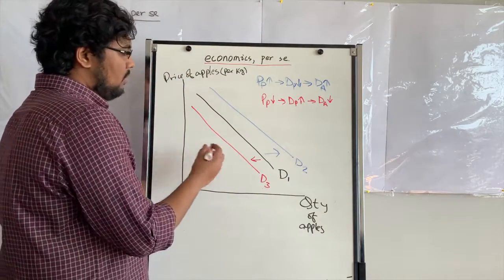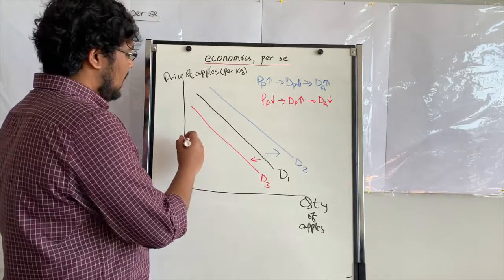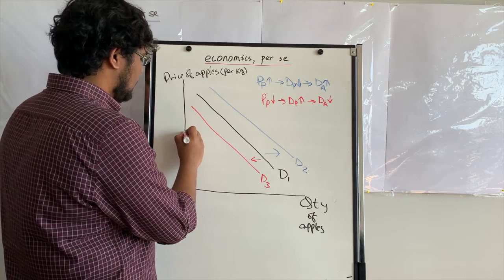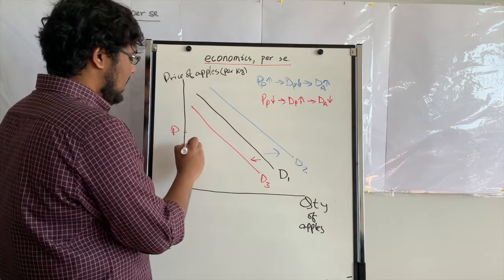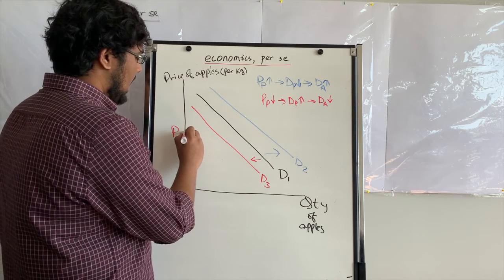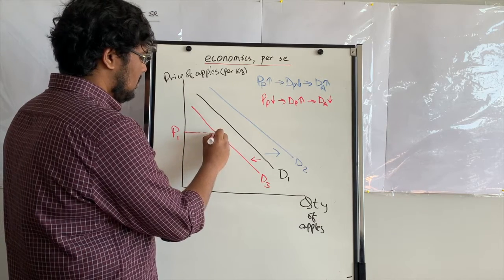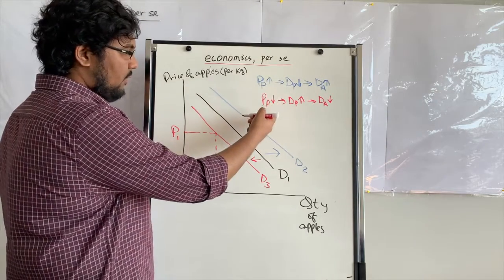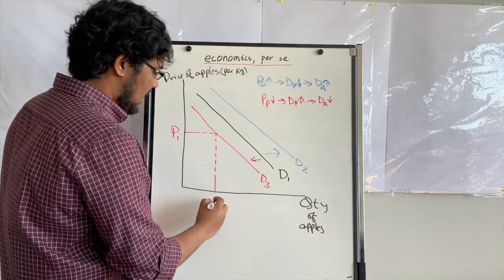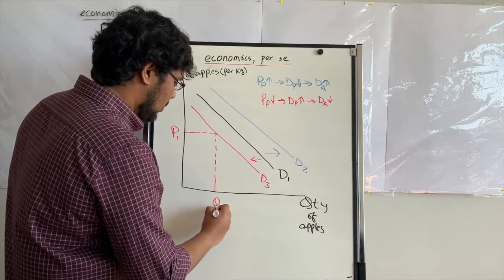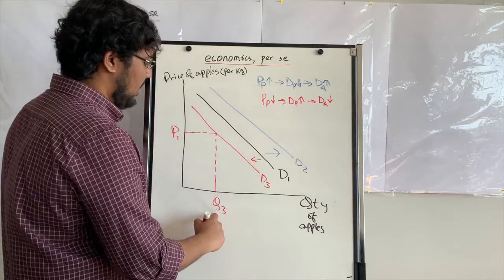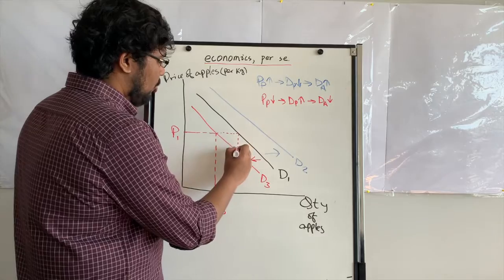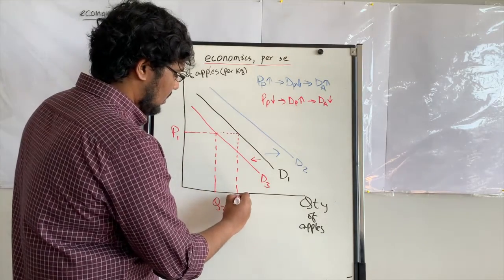Now, what does this change imply? This change shows that at a given price, let's say this is price P1, when the price of the substitute is falling, people are demanding less of apple at Q3, where initially they demanded somewhere here at Q1.